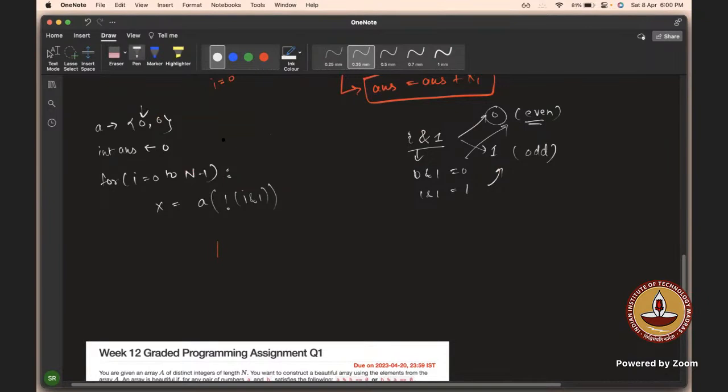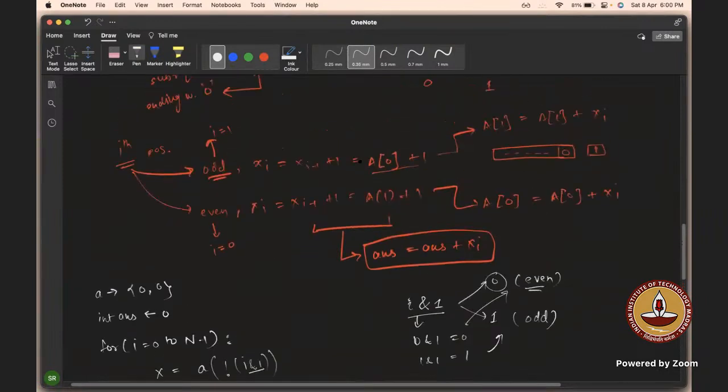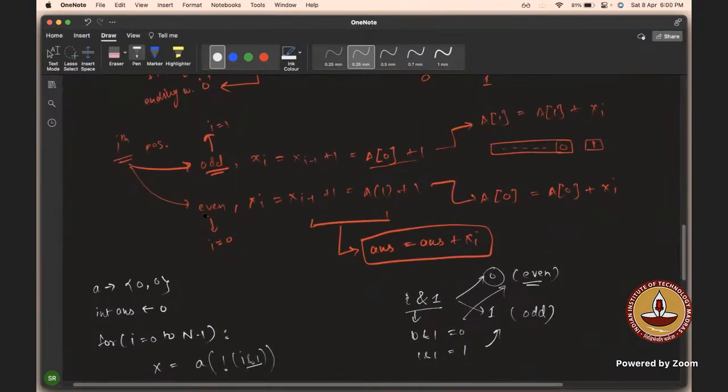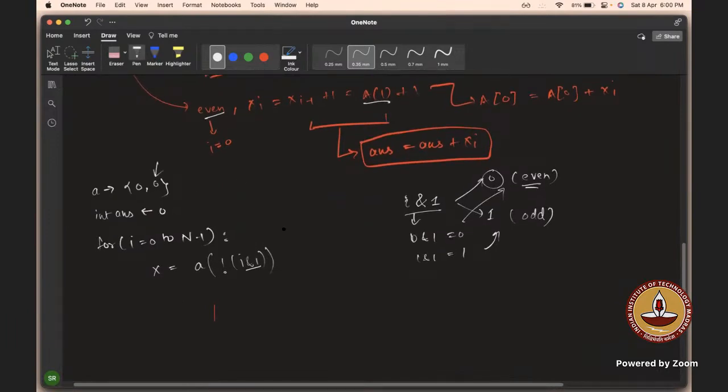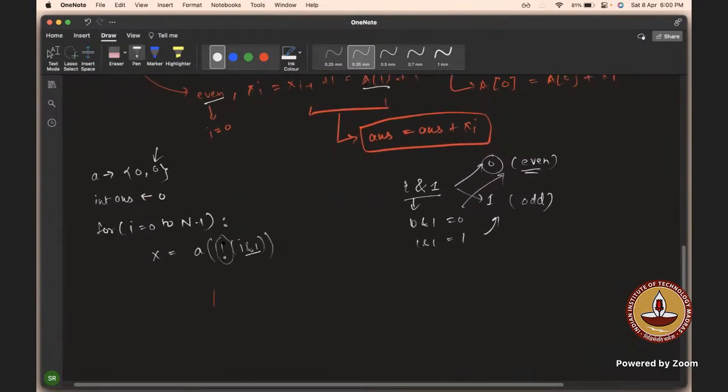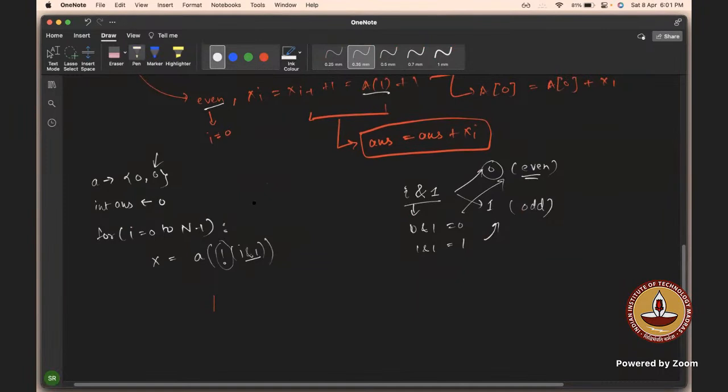This is what we need. No, this is not what we need. When i is even, i and 1 gives us 0. But here we saw when it was even, we had to take A1, right? So we have to take this one. So when we do NOT of it, NOT of 0 gives us 1. It gives us this position, right? Hence, we have got the correct position.